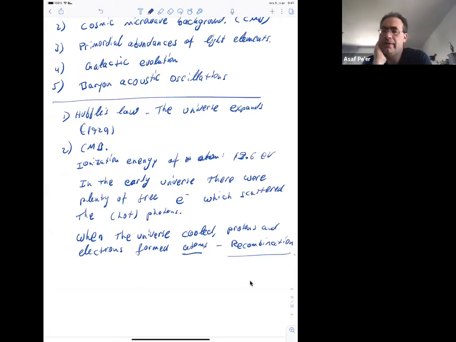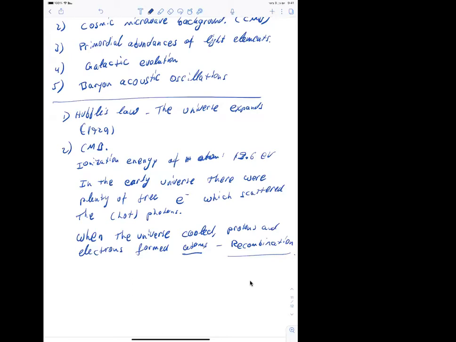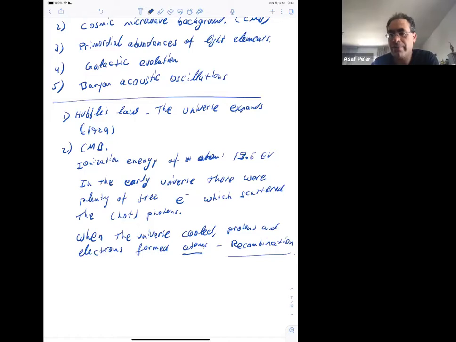And then what happens once the atoms are formed? What happened with the photons? They started just flying about. Exactly. Now there was nothing to scatter them, so they just start to fly along the geodesics. And where are these photons?